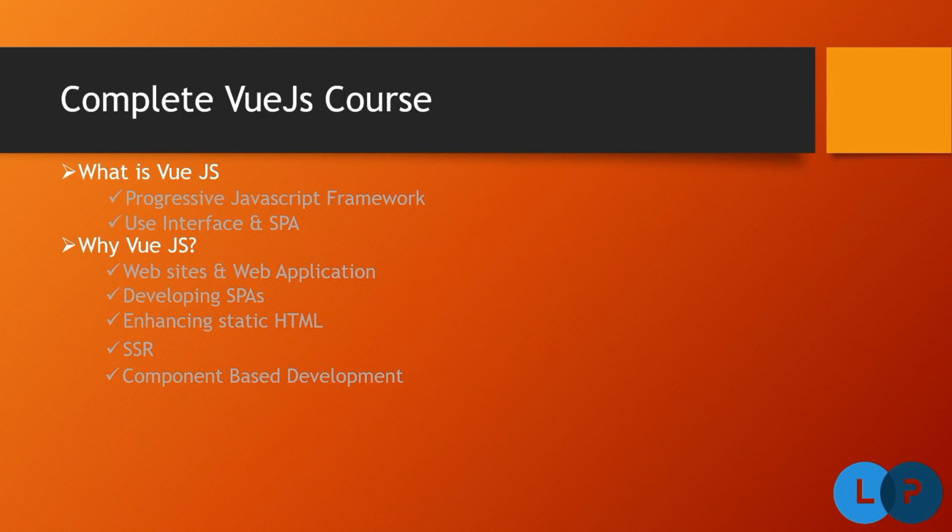It facilitates component-based development, allowing developers to build reusable UI components and improve organization. It will help to keep the code clean and good, so that we can avoid repeated code. Okay, so these are the reasons why we use Vue.js.